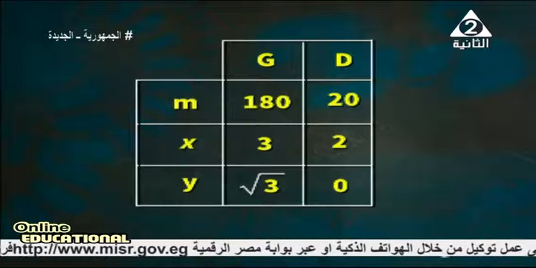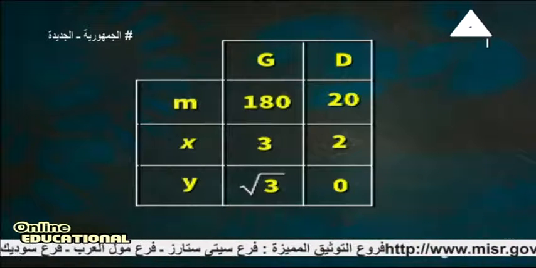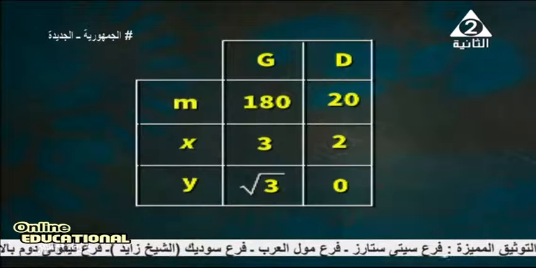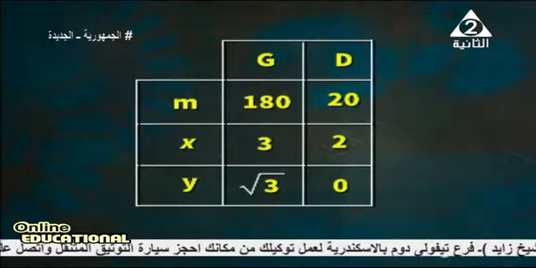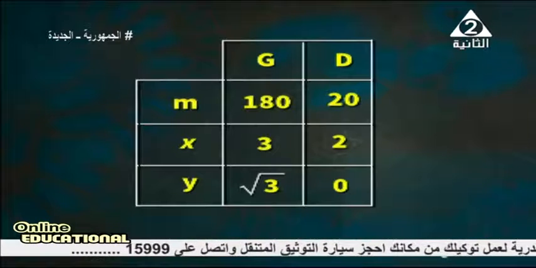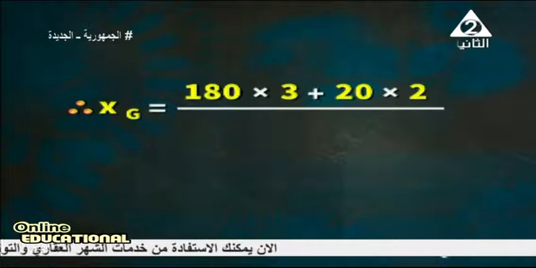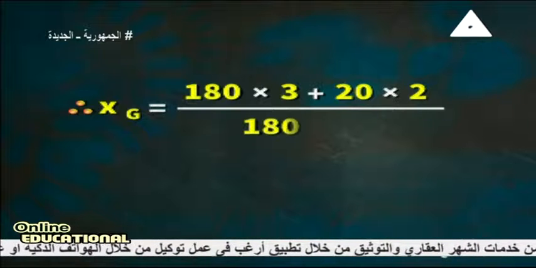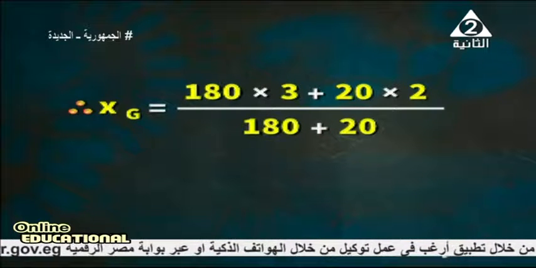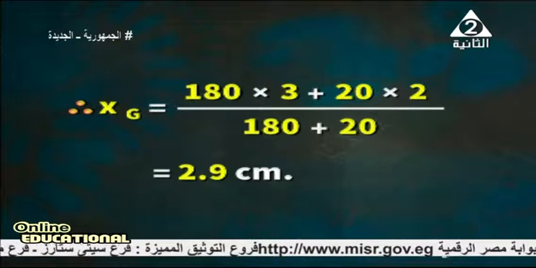By the simple rule, M1 x1 plus M2 x2 over M1 plus M2 to calculate the center of gravity, xg and yg. xg equals 180 times 3 plus 20 times 2 over 180 plus 20, equals 2.9 centimeter.